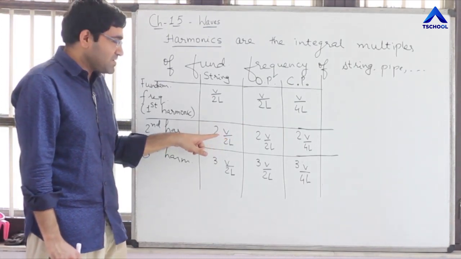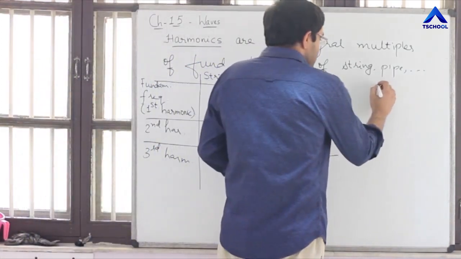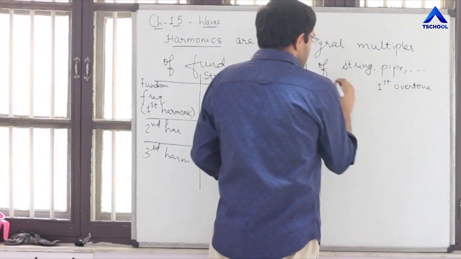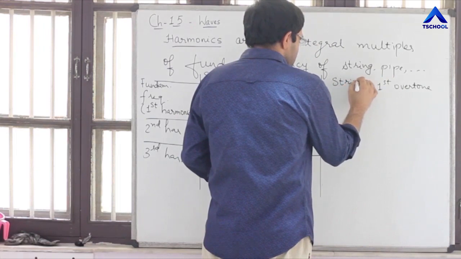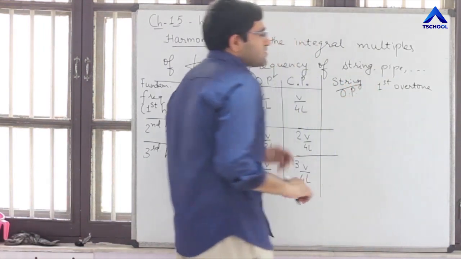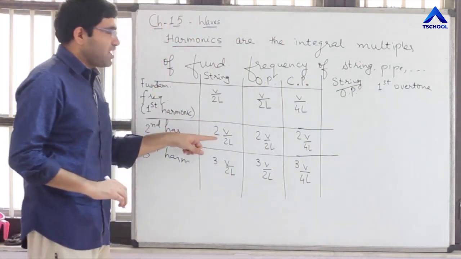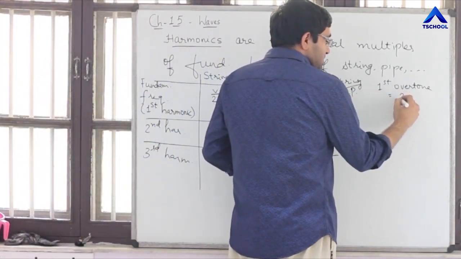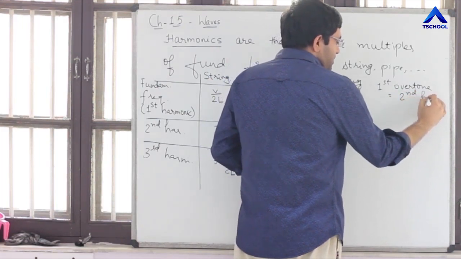So you can see, if you recall, if we talk about a string or an open pipe, the first overtone is V by 2L. So for a string or an open pipe, the first overtone itself is the second harmonic.